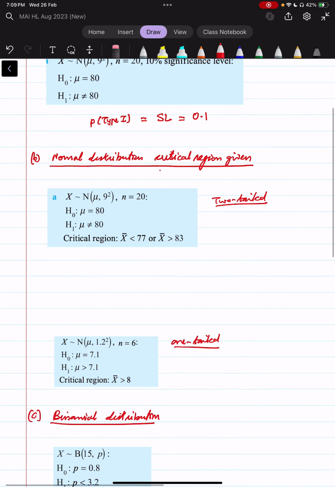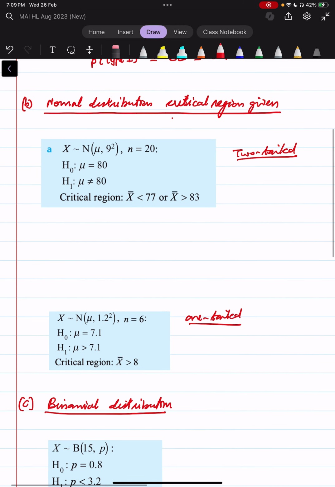The second type is normal distribution when the critical region is given. So they've given you the critical region. What you need to do is, when your X bar is less than 77, you have to reject it. This is your sample mean. So if you're working with a sample of size 20, if it comes out less than 77, you reject it, or if it comes out greater than 83, you reject it.